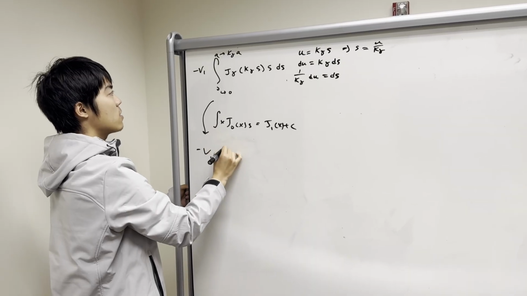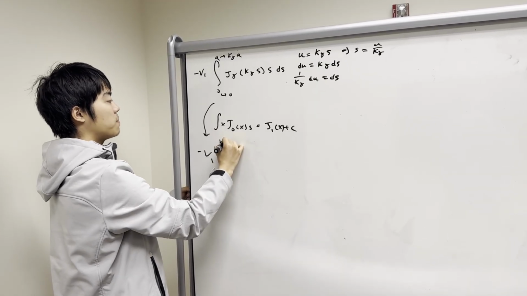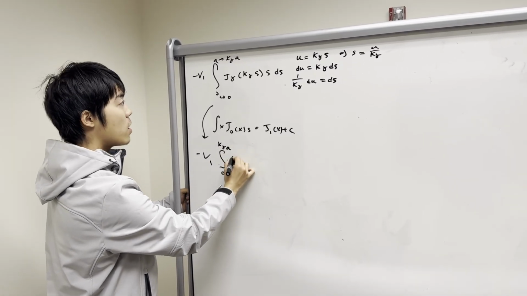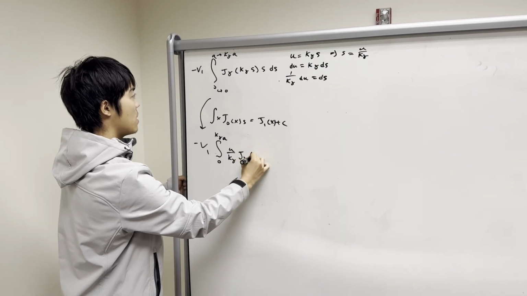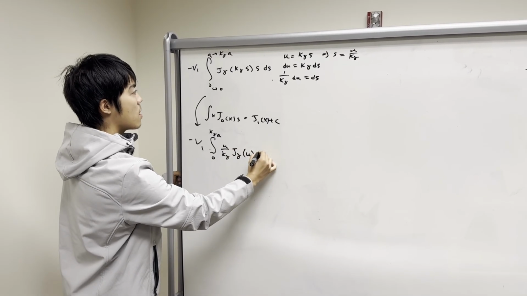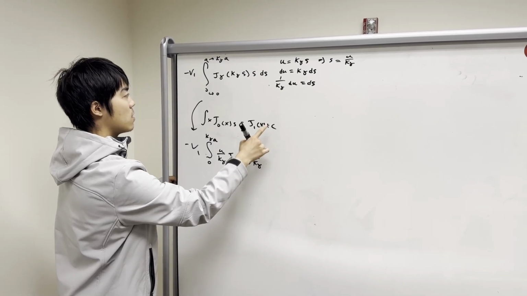So we have v1, and it equals the integral of negative, 0 to k gamma a of u over k gamma, J gamma u, and then 1 over k gamma du.